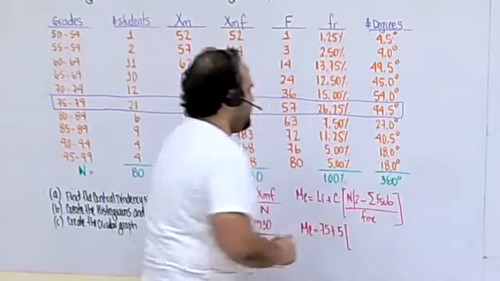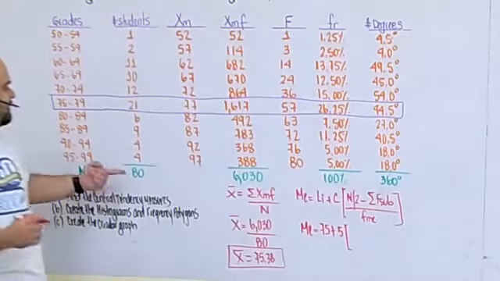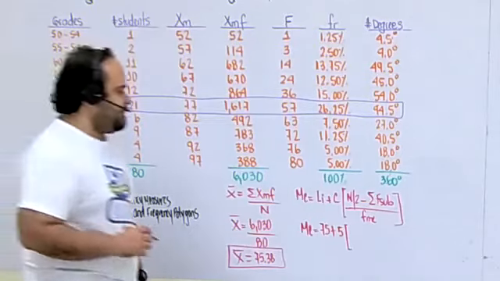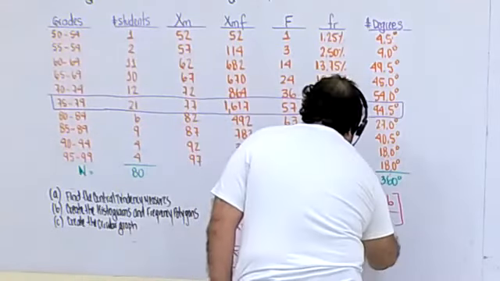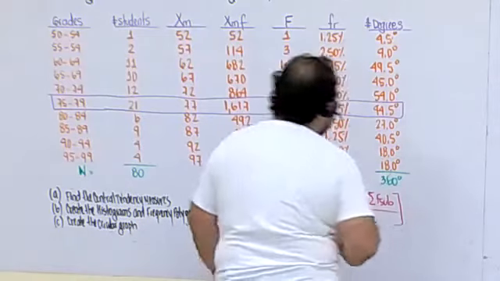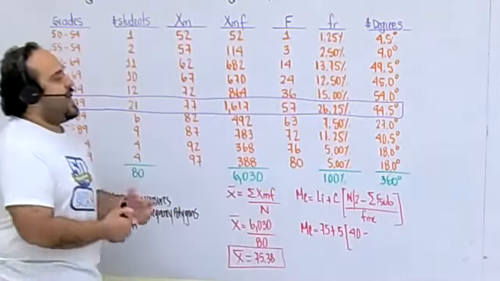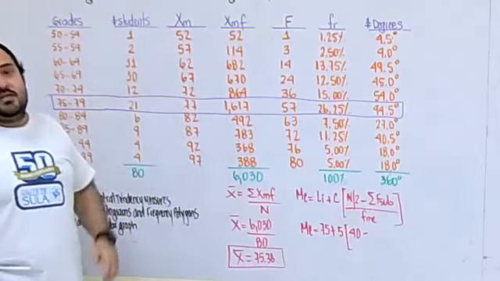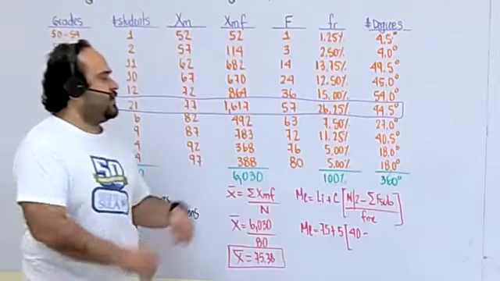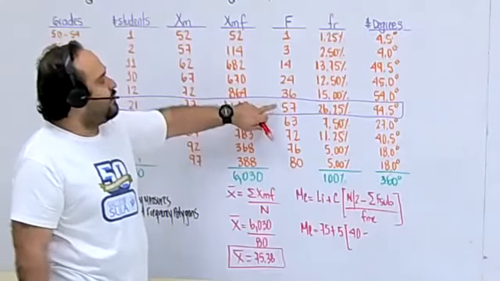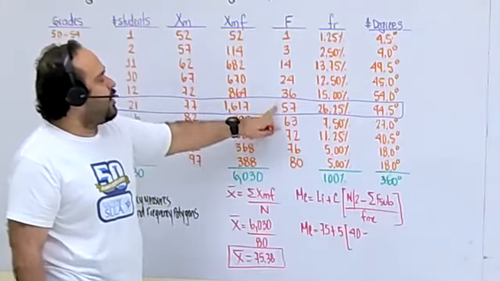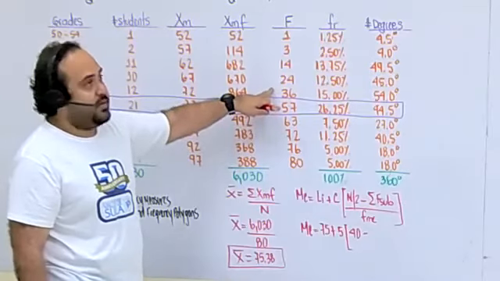Open parentheses, and divided by 2, 80 divided by 2 is 40, 40. And we're going to subtract the accumulated frequency located upward of the chosen one. So the chosen one was 57. The accumulated frequency upward was 36.